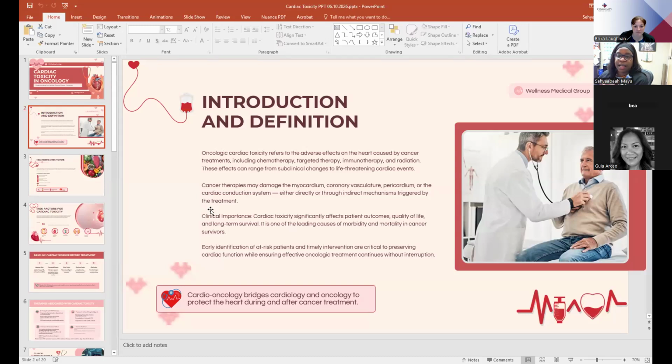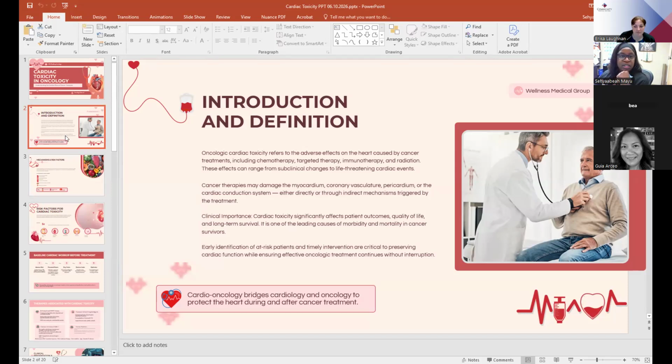Cancer therapies that damage the myocardium, the coronary vascular pericardium, or the cardiac conduction system. And then highlighting cardiac toxicity significantly affects patient outcomes, quality of life, and long-term survival.